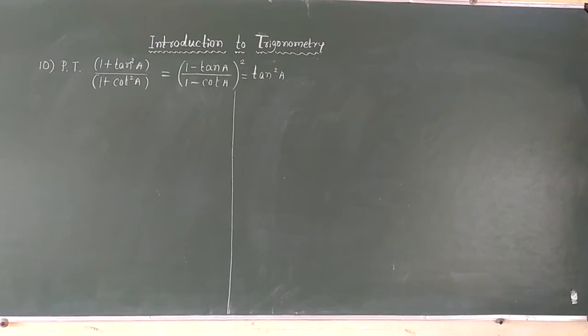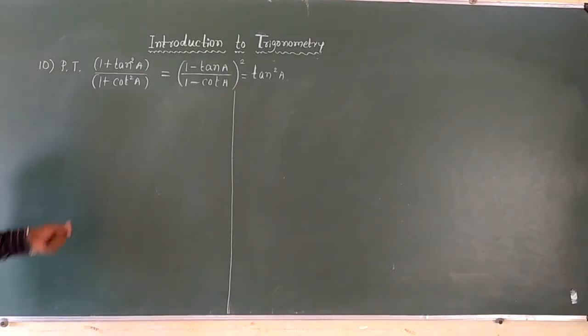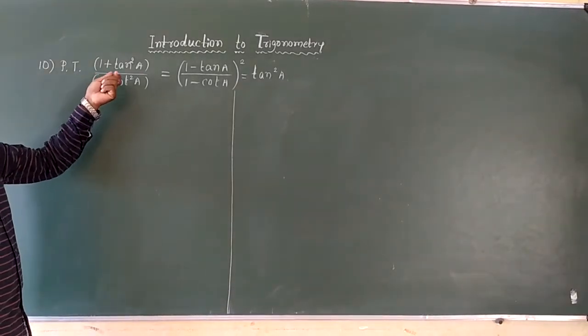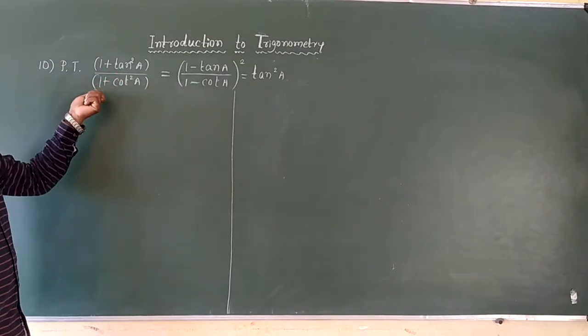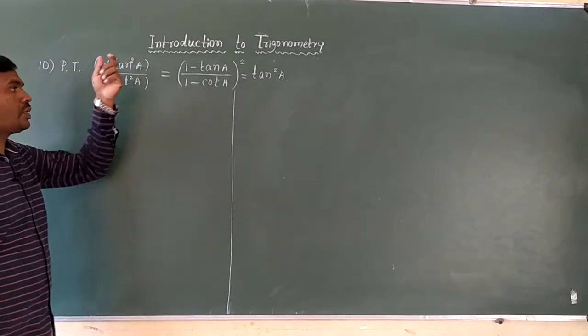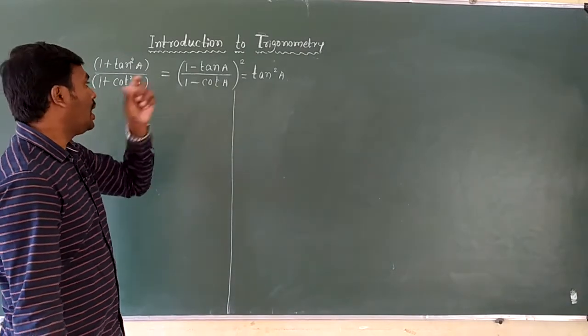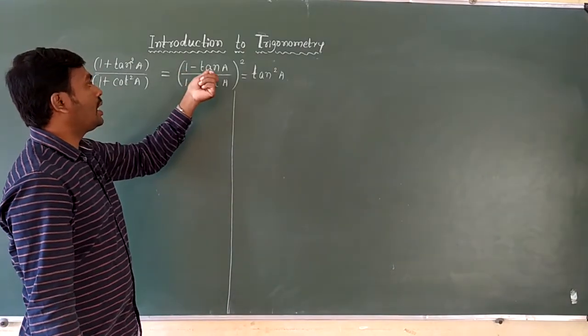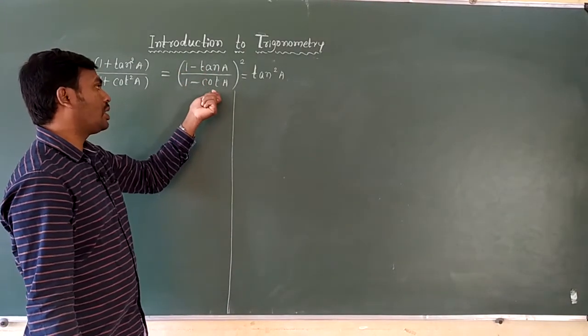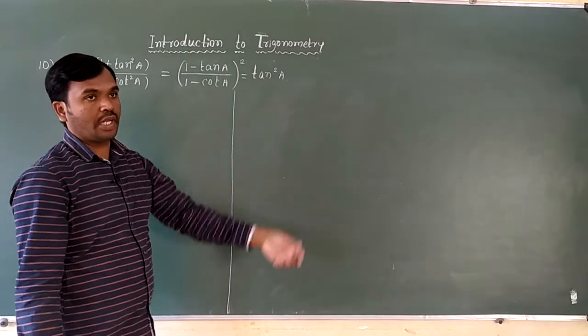Children, here let us discuss the last problem in the exercise 8.4, that is, prove that (1 plus tan square a) divided by (1 plus cot square a) is equals to tan square a, or (1 minus tan a) divided by (1 minus cot a) whole square is equals to tan square a.